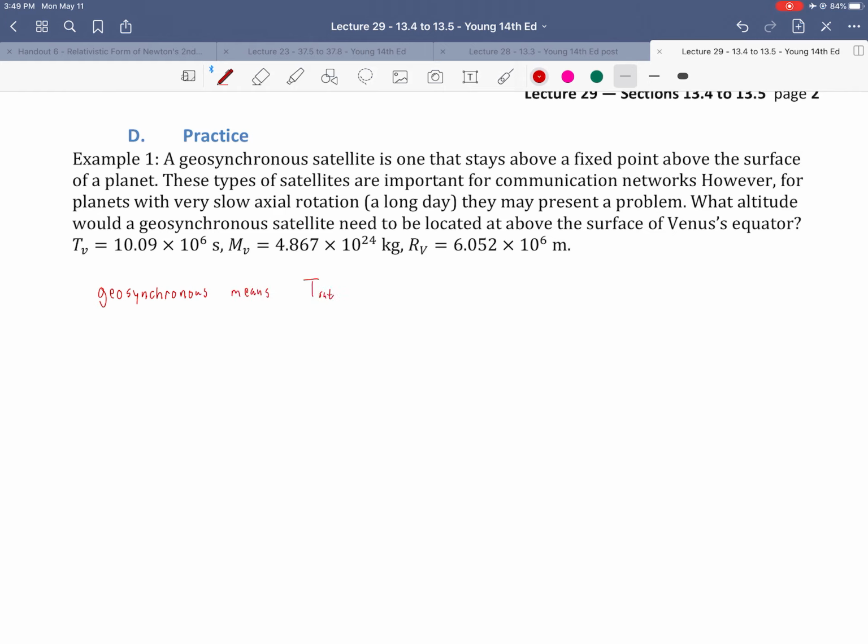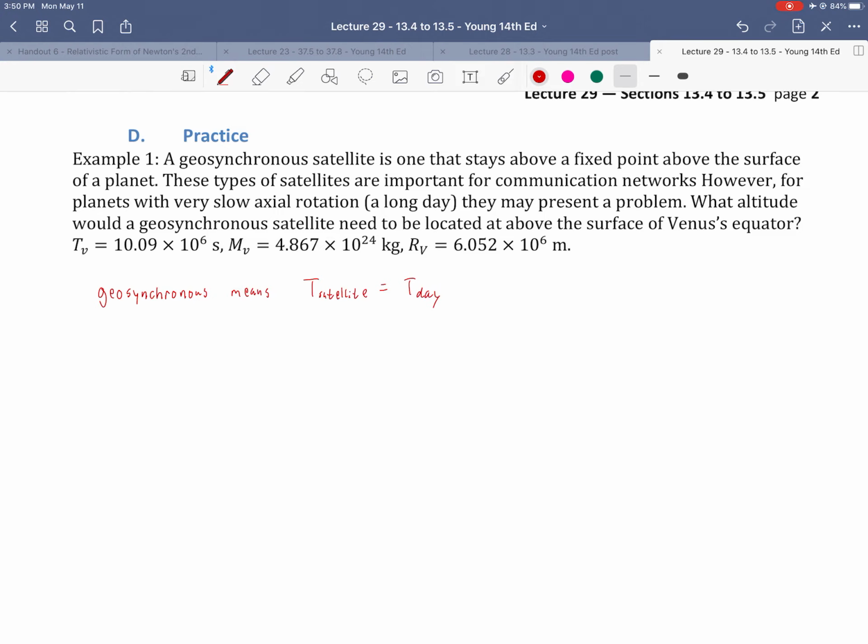And the reason is, if you think about it, that means the satellite will take a certain amount of time to go all the way around its orbit, and the planet below would take the exact same amount of time. That's where the synchronous part comes in.